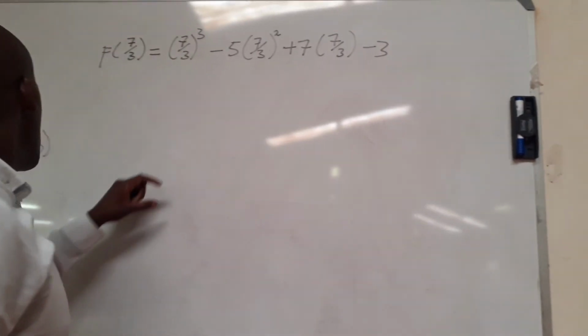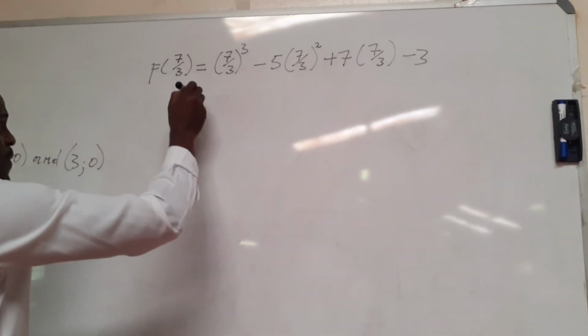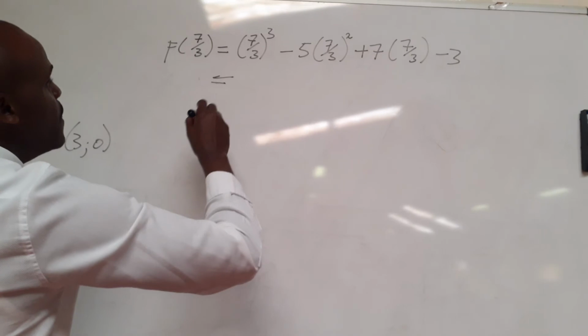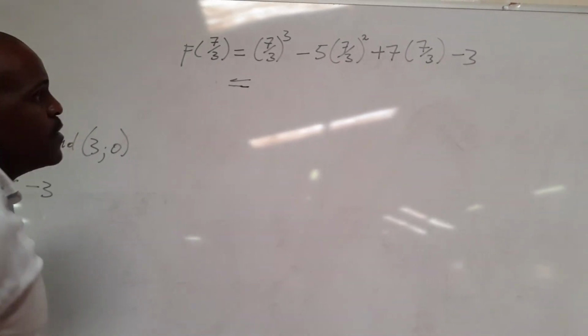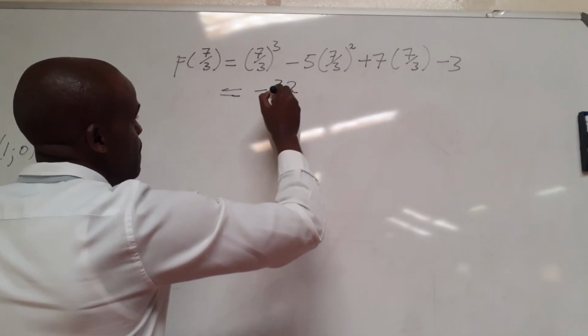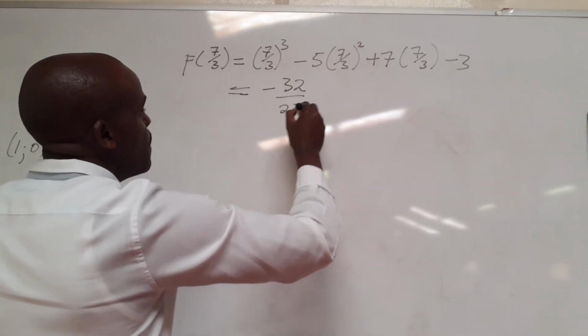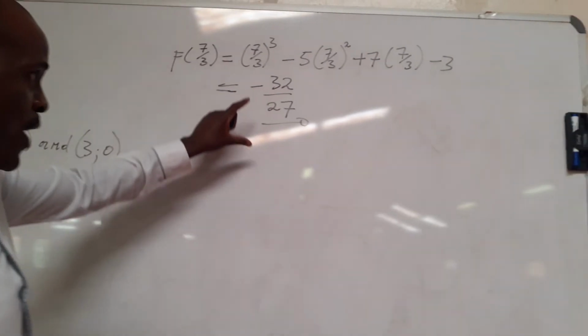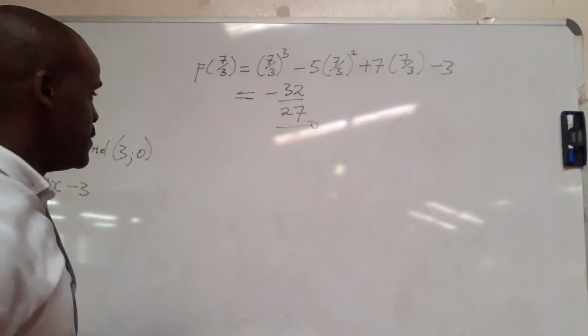And then you are to find the remainder there. It's negative 32 over 27. So this is the value of y when x is equal to 7 over 3.